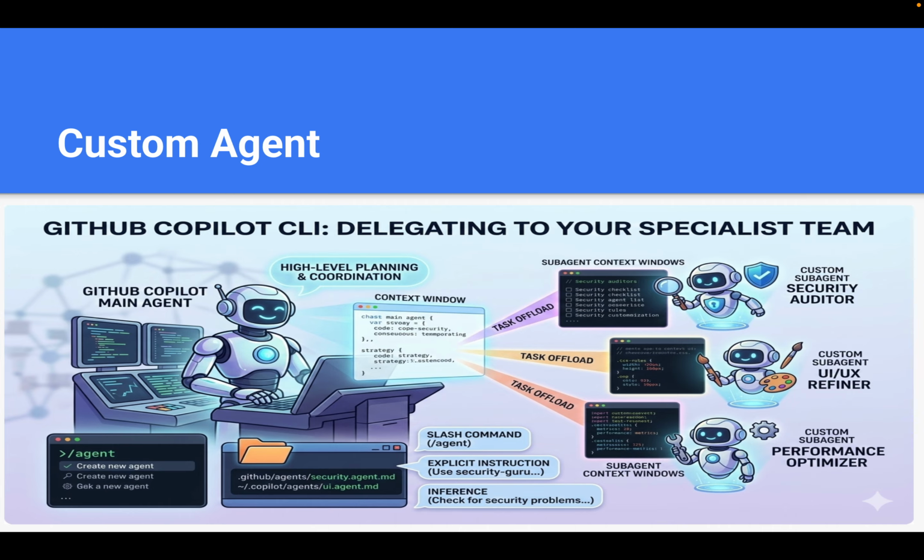The second option is to create an agent profile manually. If you want, you can manually enter the following details. Name will be the name of your sub agent, for example security auditor. Description is about the expertise of the sub agent and when it should be used.